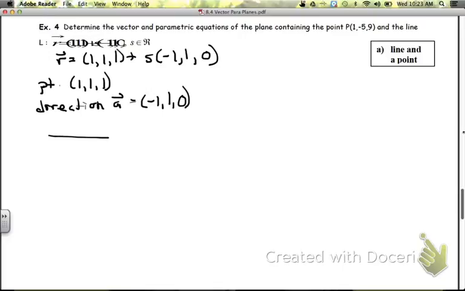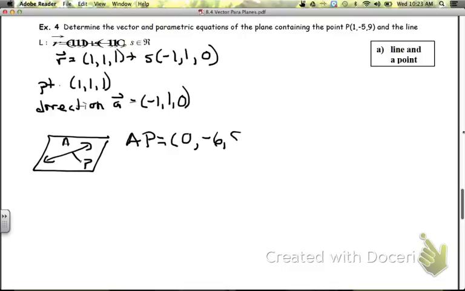So visually, if we're thinking about our plane here, we have our line and we have a point. All right, so those can connect there. So therefore, we're going to call that A, our point A on our line. So AP is going to be equal to (0, -6, 8).